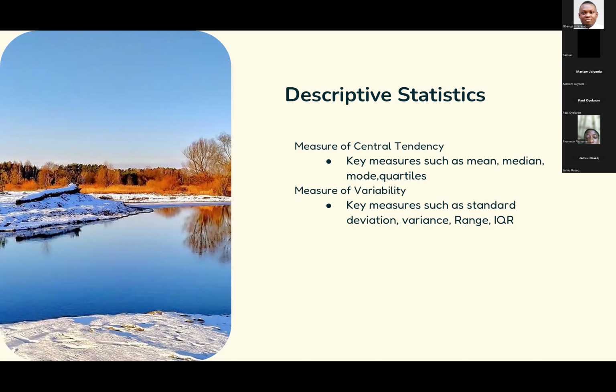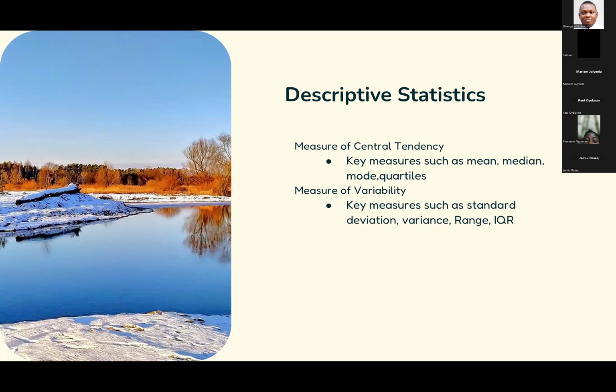All right, thank you. So, like I was saying, there are two main branches of statistics. We have the descriptive and the inferential. Descriptive statistics, just like the name, is describing your data. You just want to explore it and look at the data.